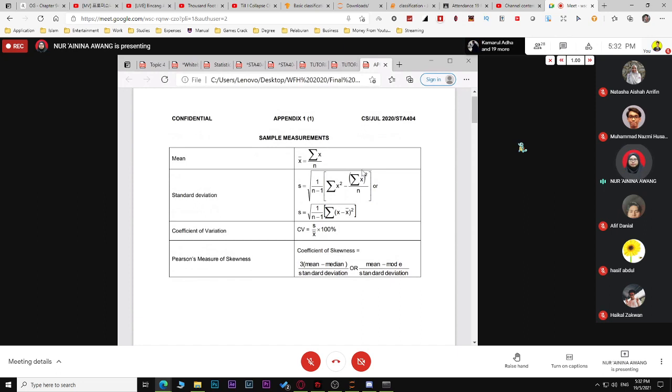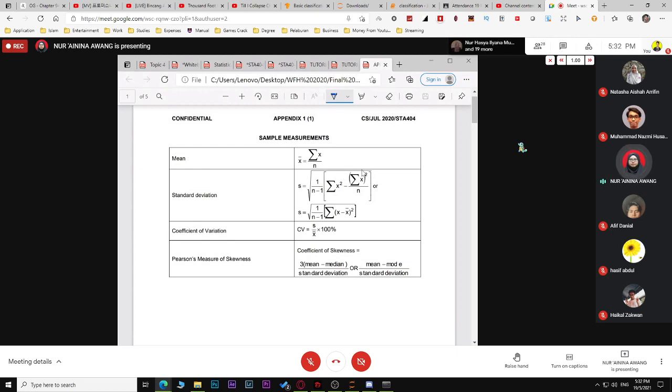So usually for appendix untuk topik tu, dia hanya akan bagi dekat you the formula for mean, standard deviation, coefficient of variation and Pearson measure of skewness. So kalau open book test yang you memang duduk dekat day one exam, you jawab soalan, so memang hanya diberi this formula only. Okay, so tapi nanti masa sekarang ni you boleh open any notes lah, tak ada masalah.